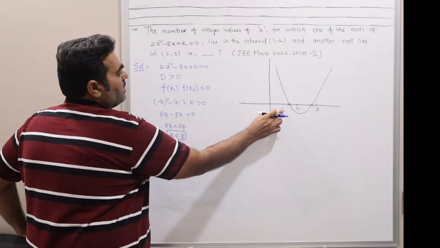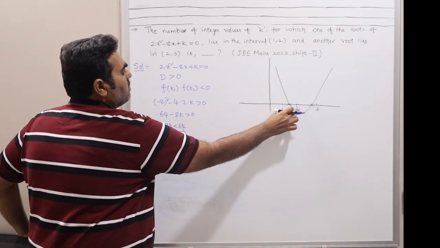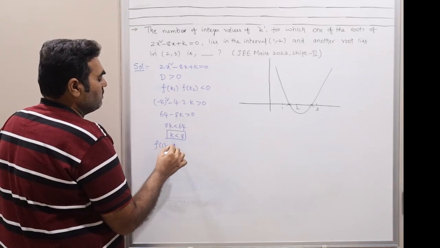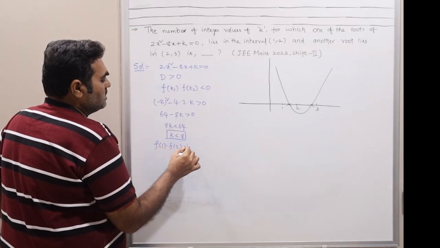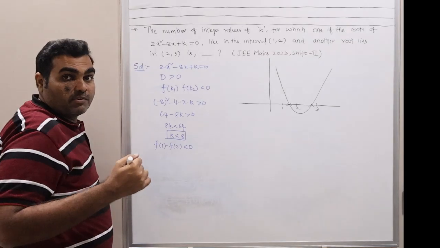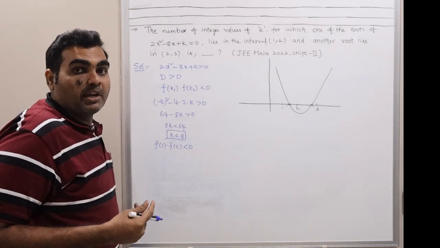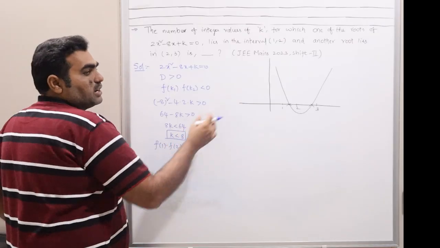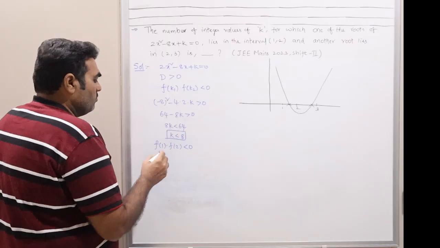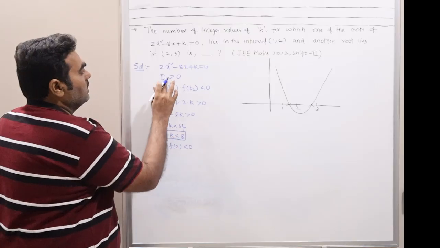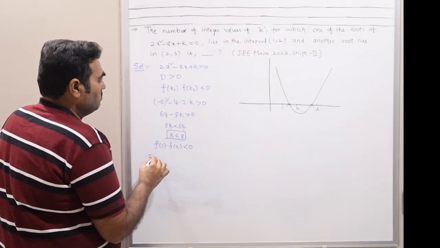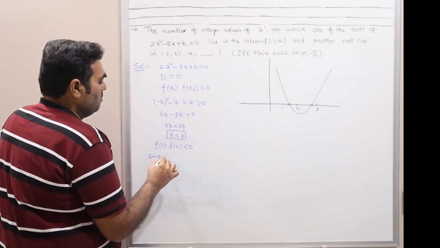First I will take k1 as 1 and k2 as 2. So f(1) into f(2) is less than 0. Please refer to the previous video where I explained the concept of location of the roots. If I substitute 1 here, f(1) is 2 into 1 minus 8 into 1 plus k.